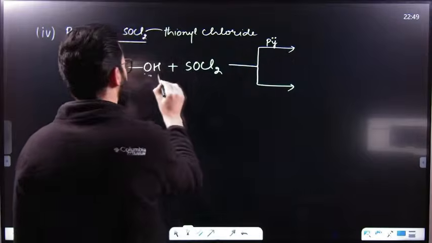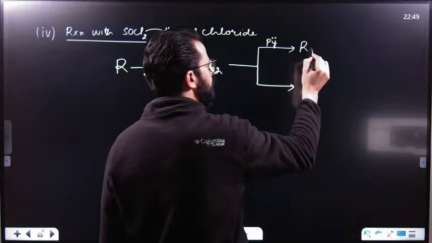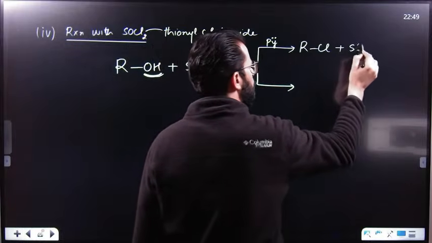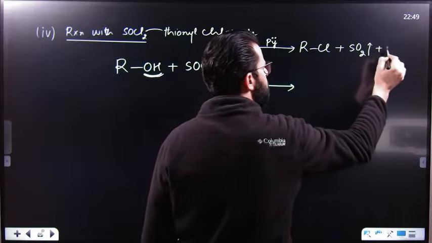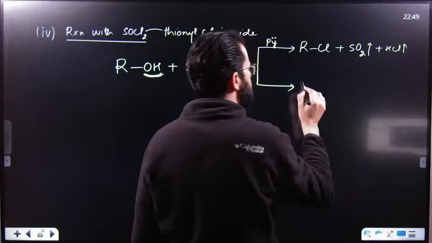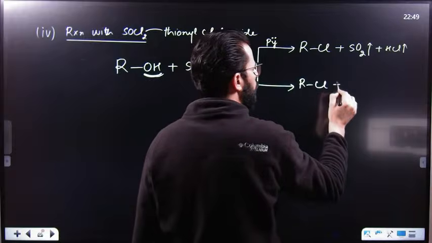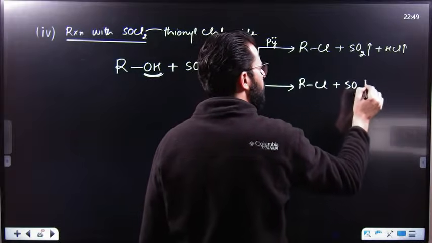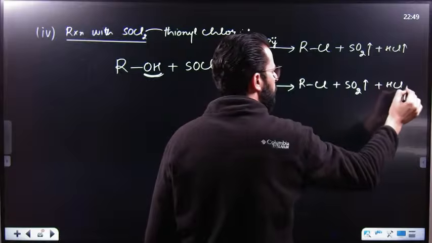So replace OH by Cl. The product will be RCl plus SO2, which is a gas, and HCl, which is also a gas. So side products are gases, gases will evolve, and our alkyl chloride will be formed in pure form.